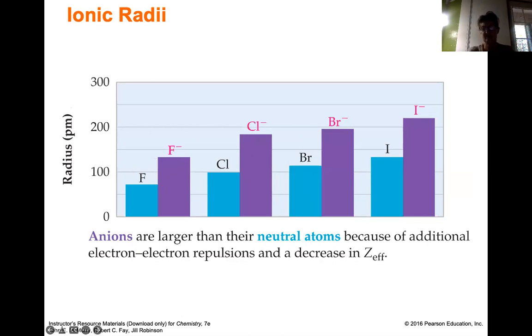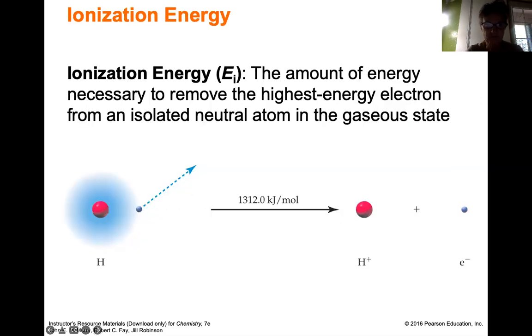Also, you're putting that last electron in these halogen examples into an orbital that already has an electron in it. So you have electron-electron repulsion, and you have a decrease in Z effective. So negative ions, anions, are going to be bigger than the neutral atoms they were made from.